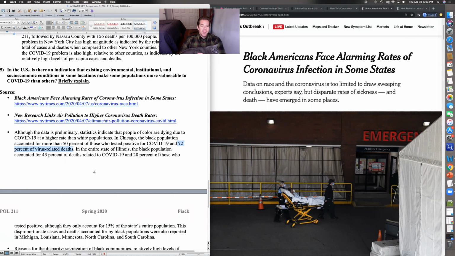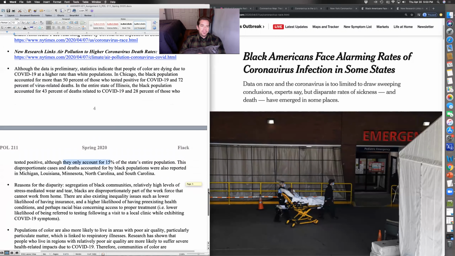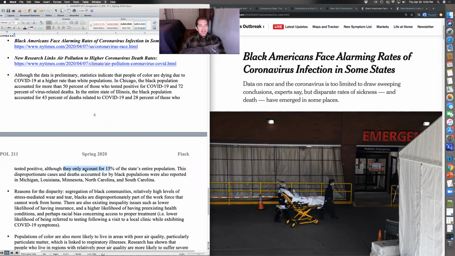And so if we look at the entire state of Illinois, Chicago is in Illinois, the Black population accounts for about 43% of deaths in the entire state, and 28% of those who tested positive. But if we look at the entire population of the state, Black people only account for 15% of the state's entire population.